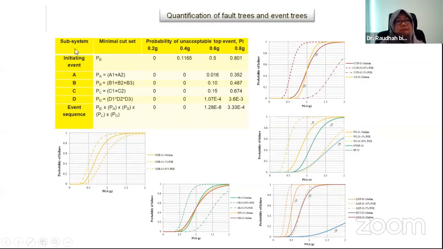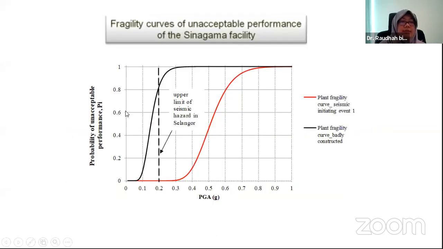You follow subsystem initiating events, and finally the event sequence, trying to find the final probability quantification. From there, we will be able to combine the whole probability of risk into fragility curves.